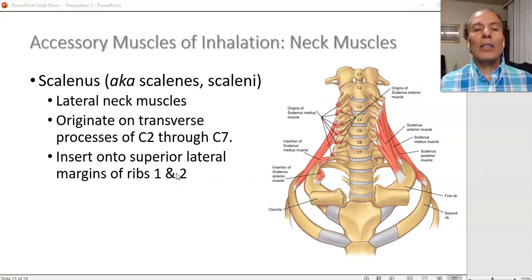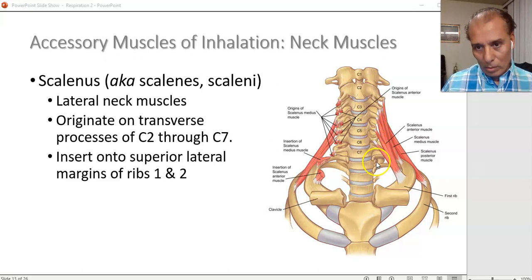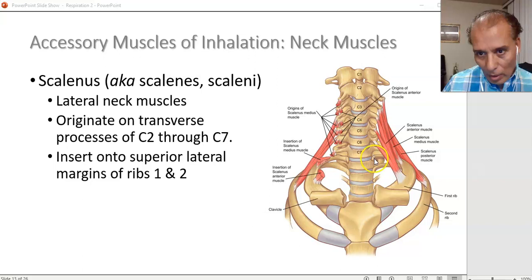So the scalenes, or the scalenus, or sometimes scaleni, that's rare, these are lateral neck muscles, as you could see. They originate on the transverse processes of neck vertebra number 2, C2, and then 3, 4, 5, 6, and 7.